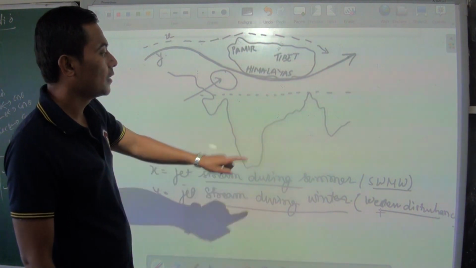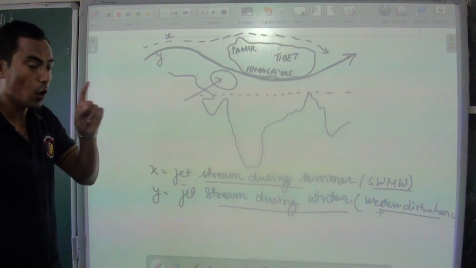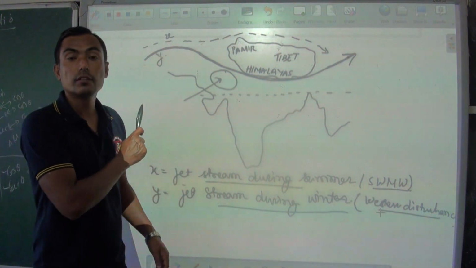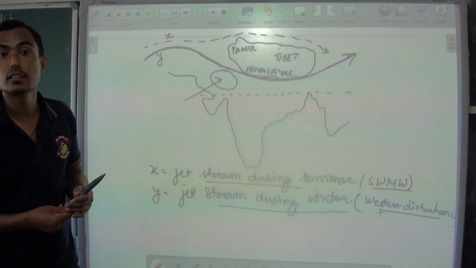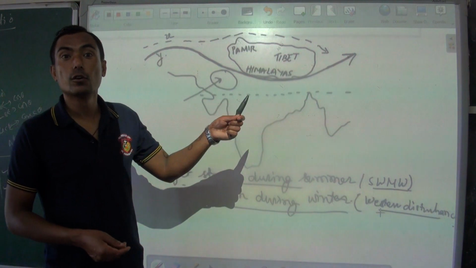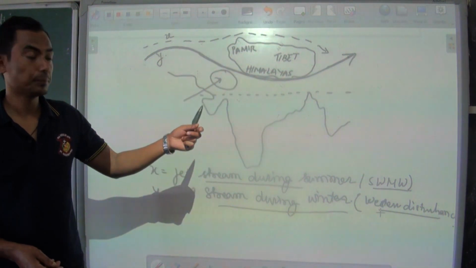And not only that, this western disturbance, or the jet stream during winter, is responsible for giving snowfall in the states of Jammu and Kashmir, Uttarakhand, Uttaranchal, and therefore this wind is very, very important.